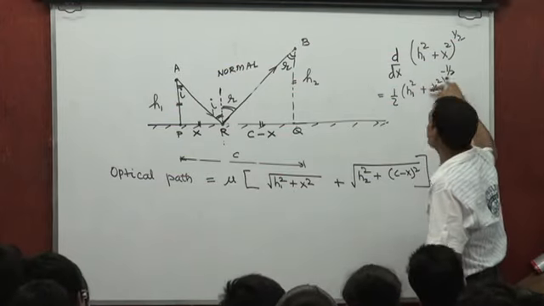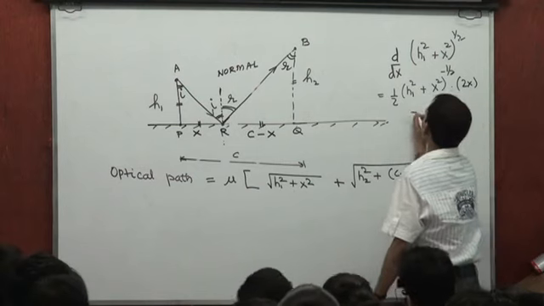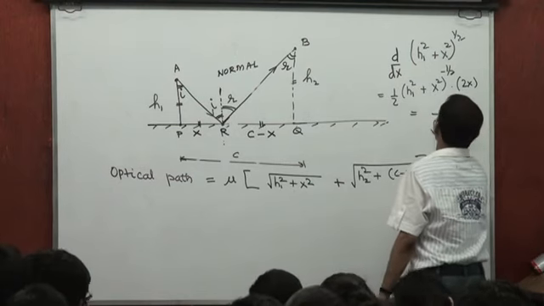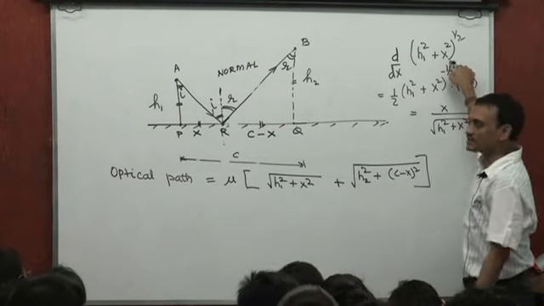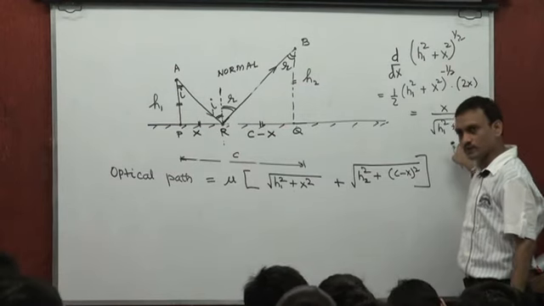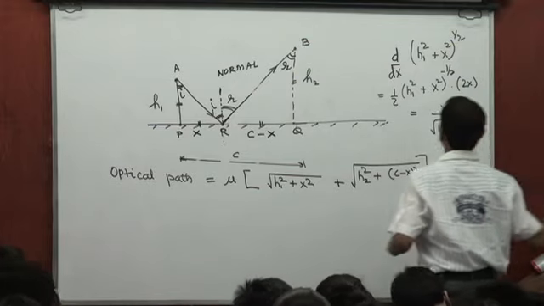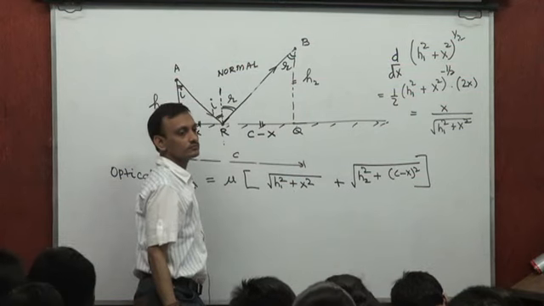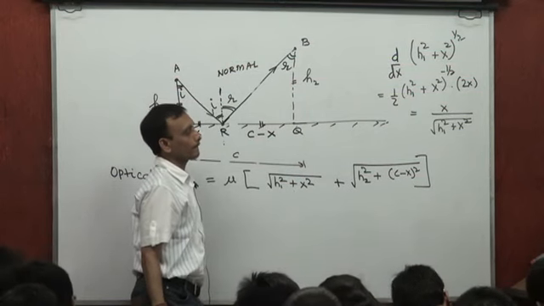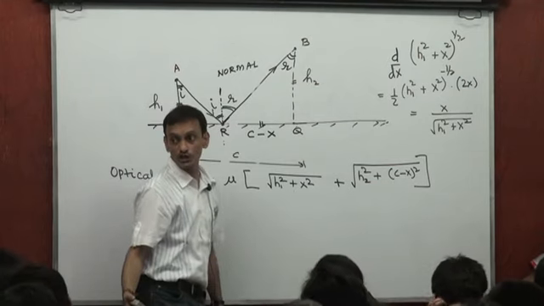Outside to inside, half into this to power half minus 1 into 2x, which is x by root H1 squared plus X squared. ddx of this would be x by root H1 squared plus X squared. Clear? Similarly, can I wipe this off? I hope you haven't forgotten chain rule by now.